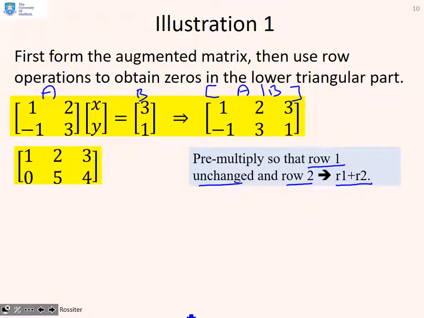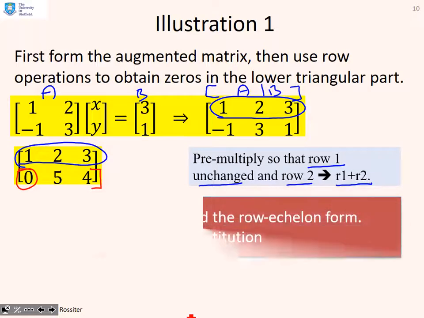If I do that with this augmented matrix, you'll see here row 1 is unchanged, same as it was, and row 2 is row 1 plus row 2, and the key thing is I've now got this 0. You'll remember my technique was to start with the first column and say all but the top row should be 0. So I've achieved that.